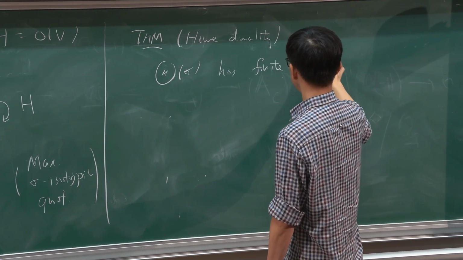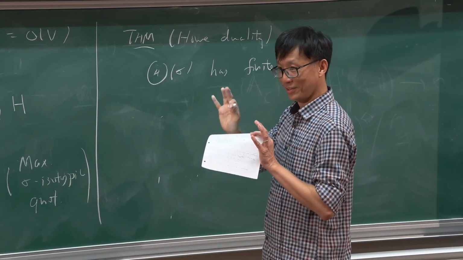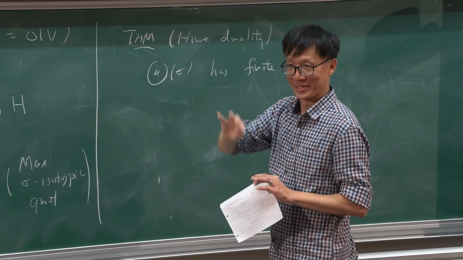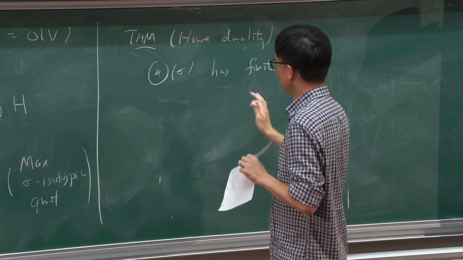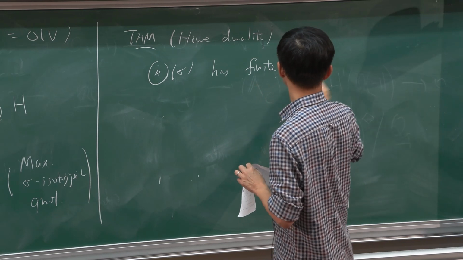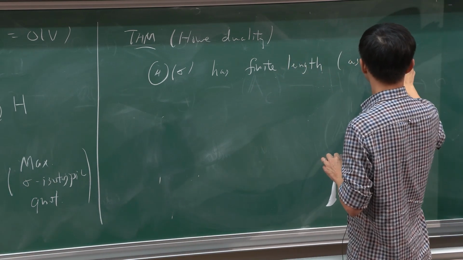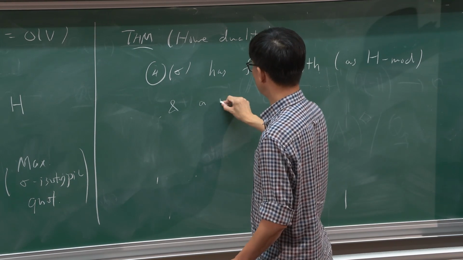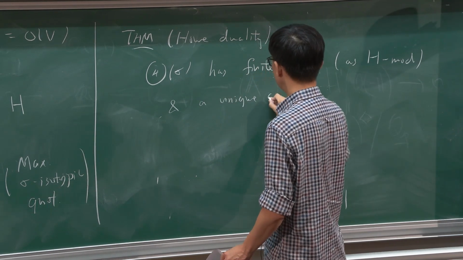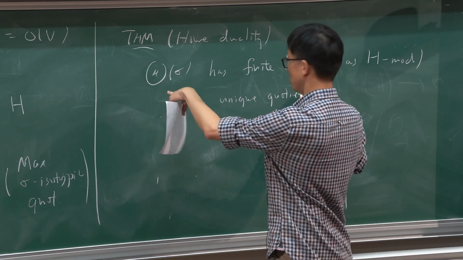It's not too big, which is already saying that you're in a kind of ideal situation. The multiplicity space is not too big. It has finite length as an H module, and in fact it has a unique irreducible quotient if it is not zero. Of course it could be zero.